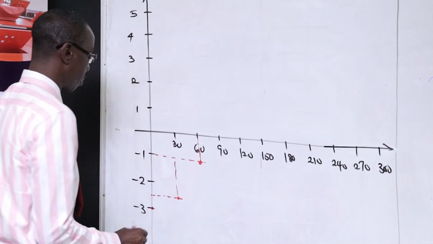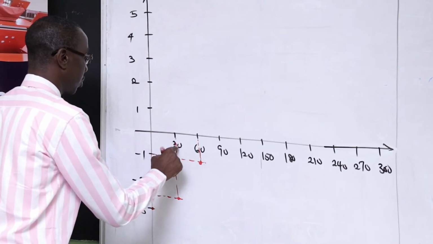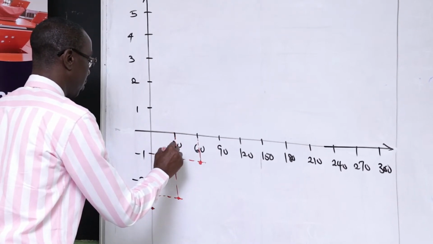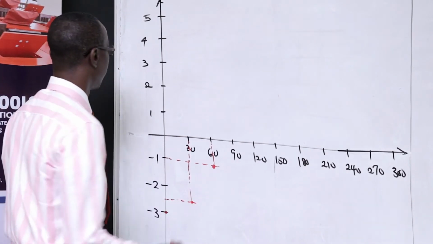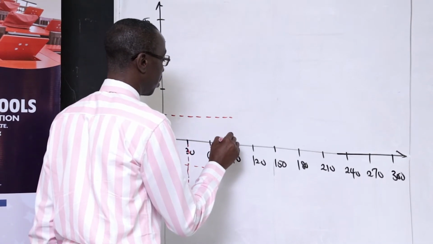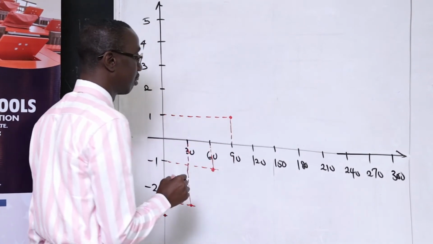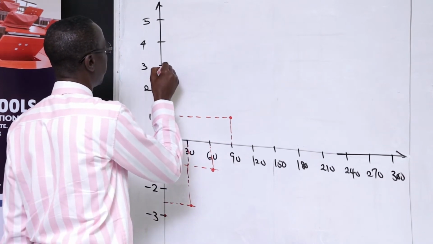I think we remember that we don't have to show these dotted lines. Yes? 90 is 1.0. Yes? 120 is 3.0.